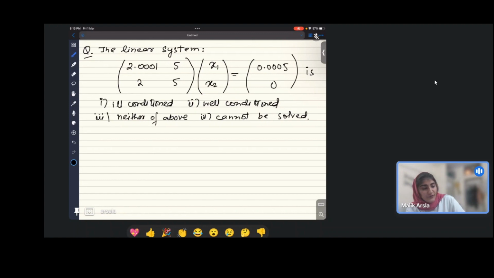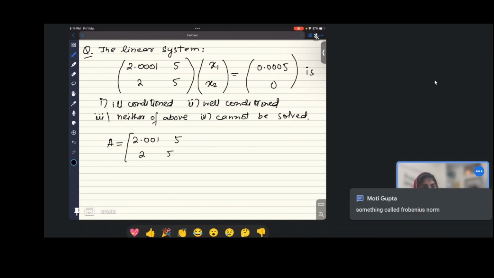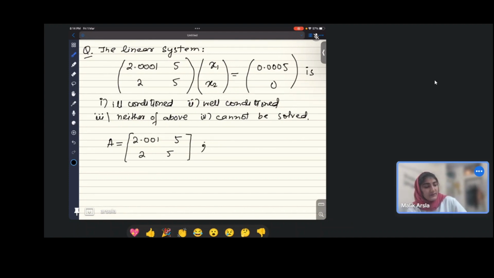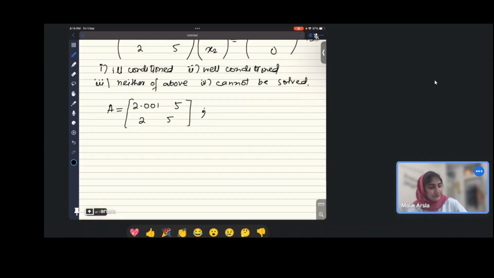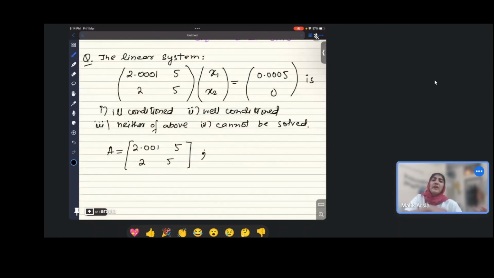See, for finding the norm of a matrix, say A given as 2, 0, 0, 1, 5, 2, and 5, what we do is for the matrix we find a unit vector, and we multiply that with this matrix and then we maximize the value.